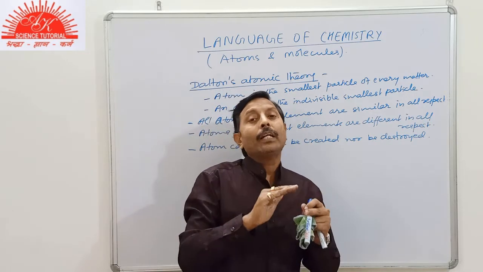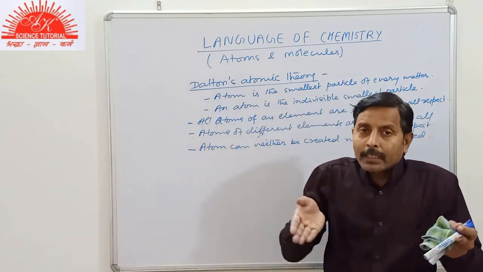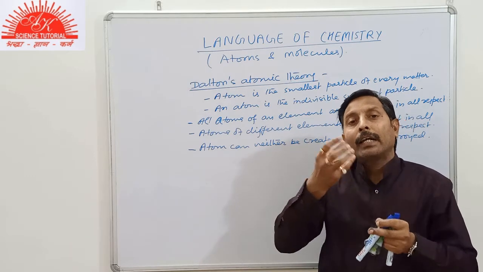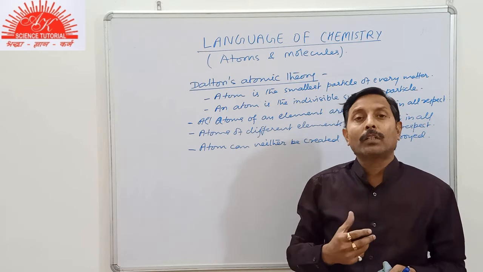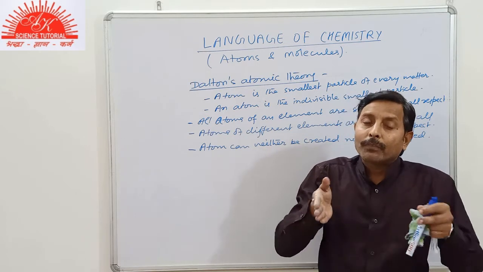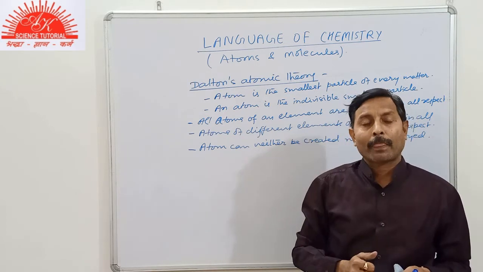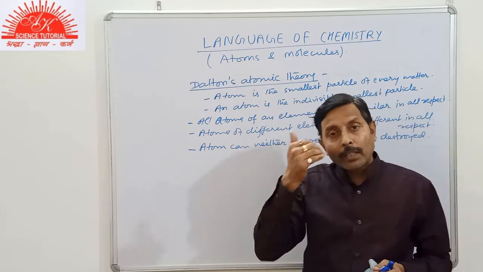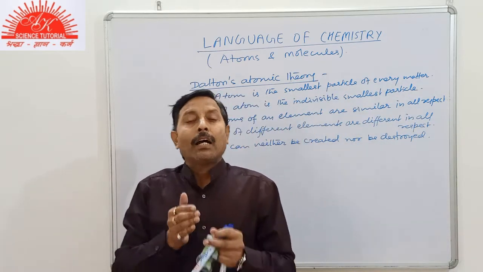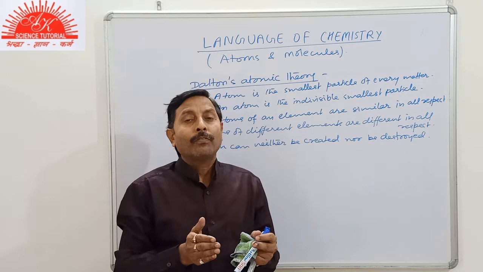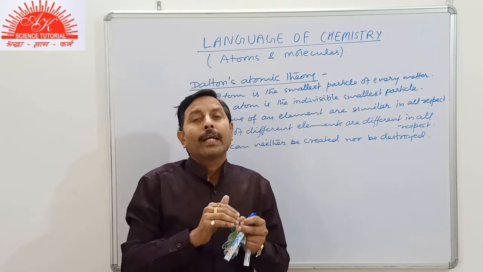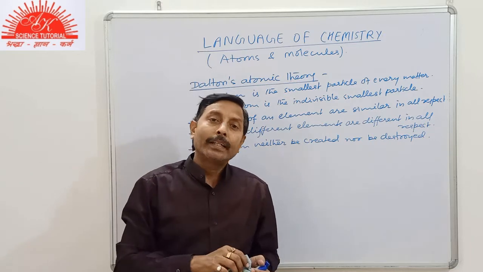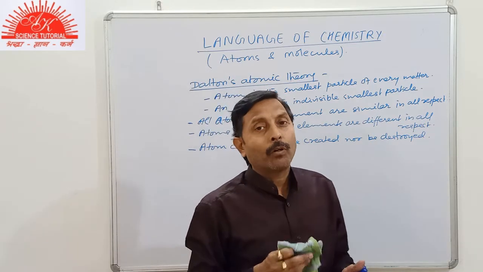Like in nuclear fusion, when two lighter nuclei fuse, a heavy nucleus is formed, like hydrogen fused to form helium. Similarly, in nuclear fission, a heavier atom of a radioactive substance, when bombarded with slow moving neutrons, splits into two lighter nuclei and a new element is formed.